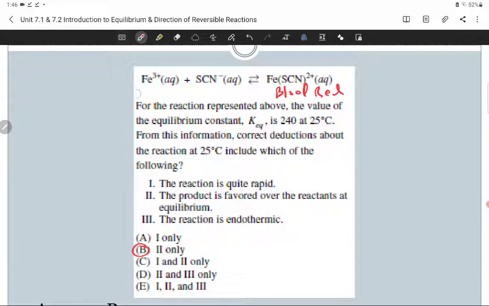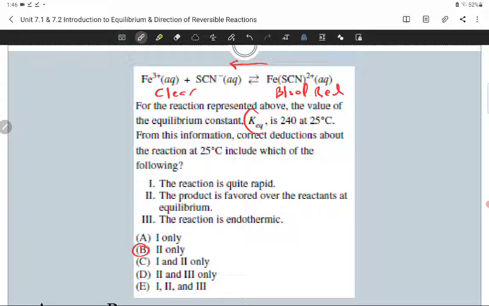So I'm going to erase this, and we'll just put clear here. So you can get an indication about whether the reaction goes more reactant to product and becomes blood red, or the reaction remains fairly clear, and that means that more of the right to left action occurs.